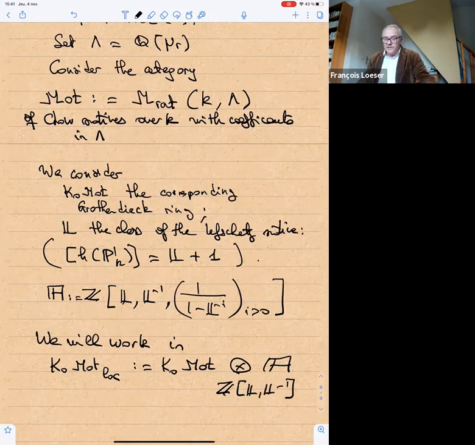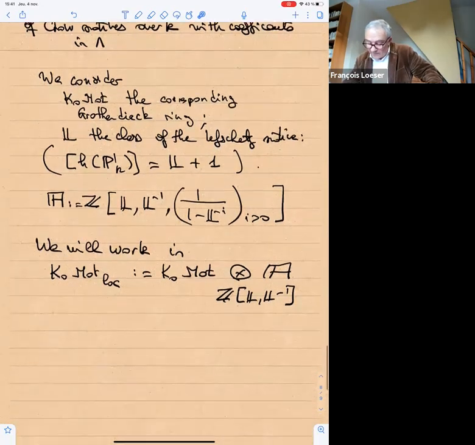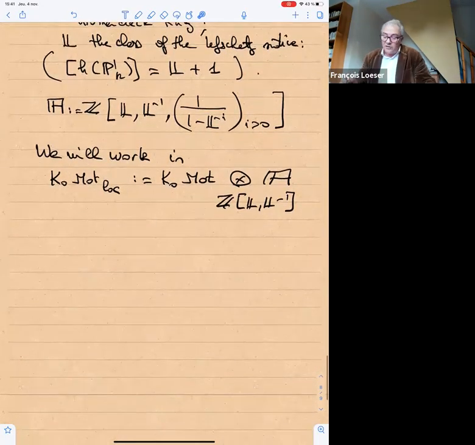Okay, so this is the ring. So this ring here will be the ring where computation will take place. And now I can state the theorem.